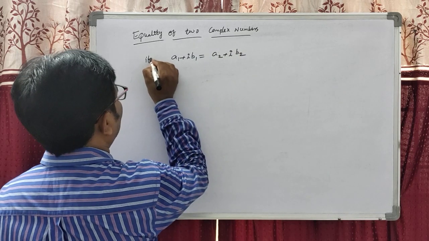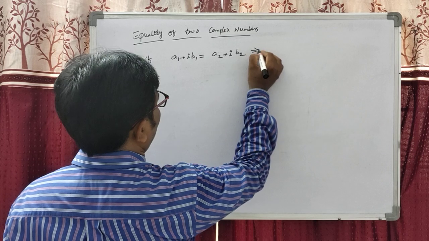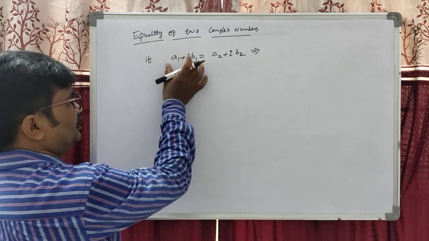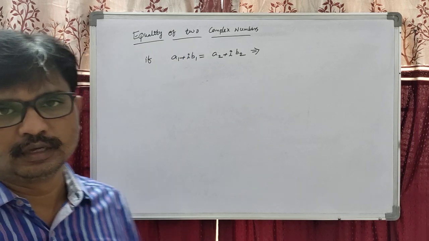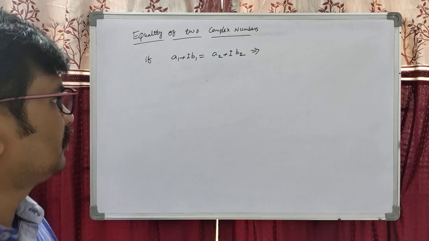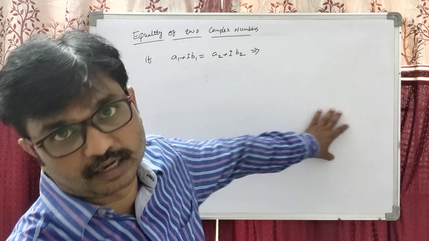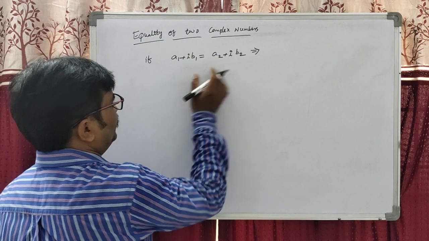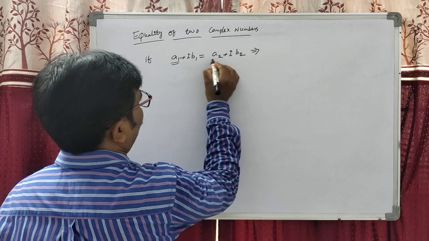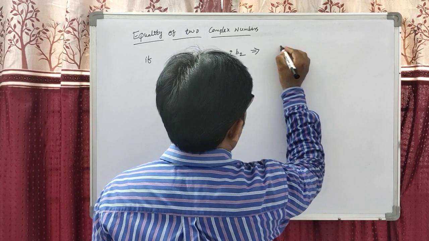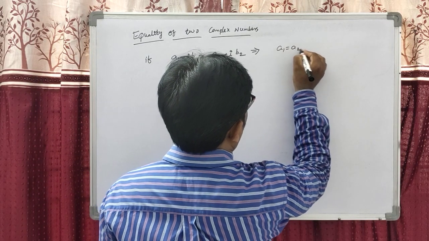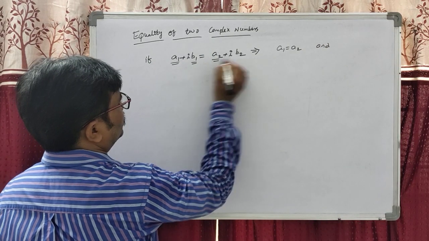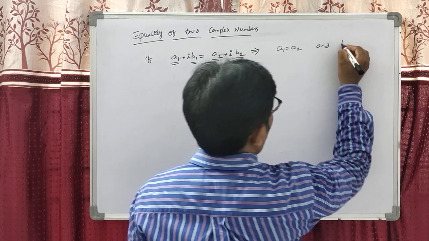The complex numbers are denoted by Z, Z1, Z2. When Z1 equals Z2, we equate the real parts, that is a1 equals a2, and equate the imaginary parts, that is b1 equals b2.